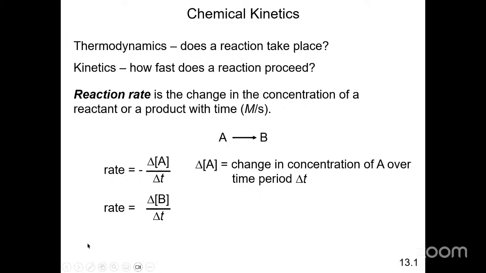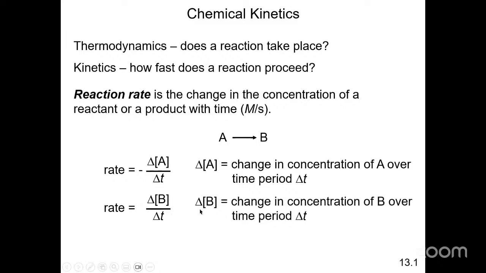Or we could look at the rate in terms of the change in concentration of B, in which case this would be the equation you would use, where rate is equal to the change in concentration of B divided by the change in time, where delta B, of course, is the change in concentration of B over that time period. So that's just a simple example, which basically illustrates how you determine the rate change for either product or reactant.